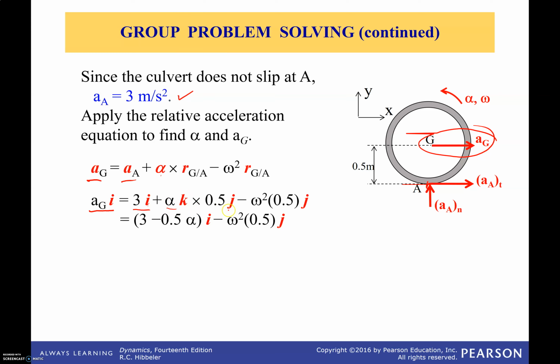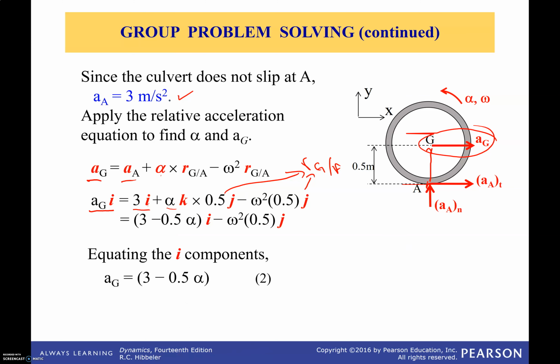And then 0.5j is this vector here, rg relative to a, minus omega squared, and then again rg relative to a, same vector, right? Then I can simplify this a little bit and do the cross products here, and I get this. And if I keep going, this is what I'm going to get: Ag is equal to 3 minus 0.5 alpha.